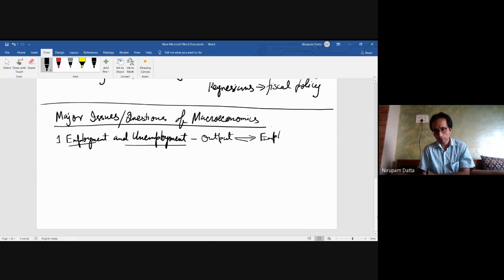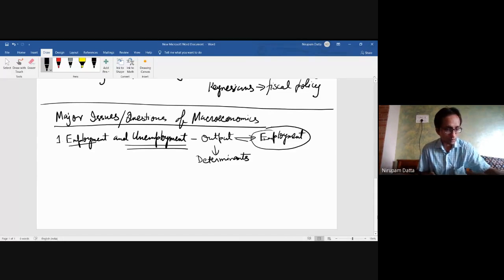So when we discuss employment and unemployment, basically we are discussing what determines the aggregate output level. What are the determinants of this aggregate output, either from the classical perspective or the Keynesian perspective, and once this question is addressed, it will also determine the aggregate employment and hence the level of unemployment in the economy. We have already discussed how the Keynesian theory as well as the classical theory determine the level of employment and unemployment in the economy.